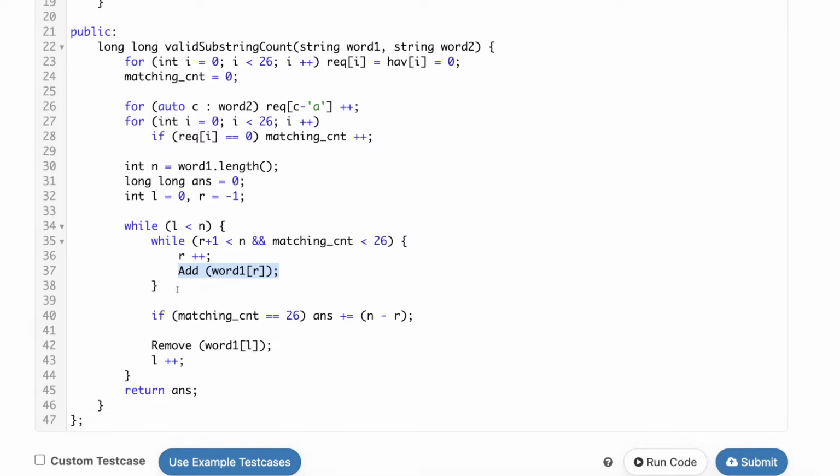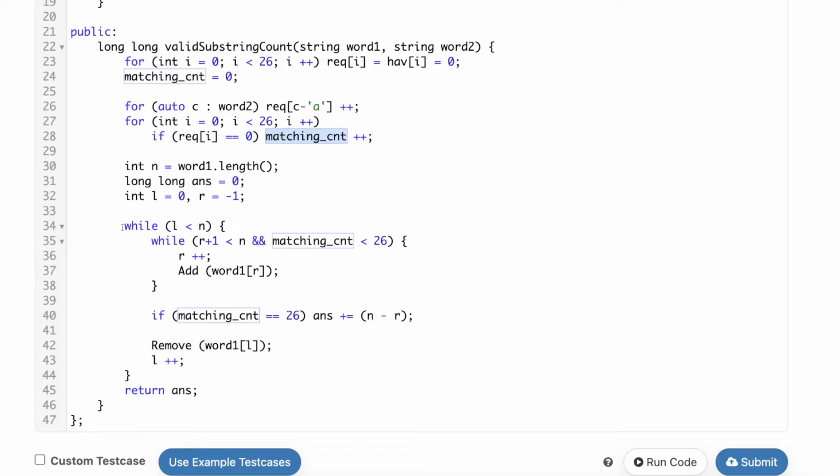Now we'll look at the add function, but basically this add function would take care of correcting the value of matching count here. Now if matching count is equal to 26, you will increment your answer by n minus r, and afterwards you will remove word of L as well, because you are now incrementing L. You are trying out all the subarrays starting from the next possible L. So you will remove L as well, and this remove function would take care of decrementing this if needed, right?